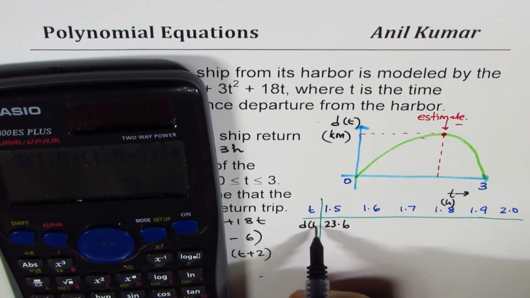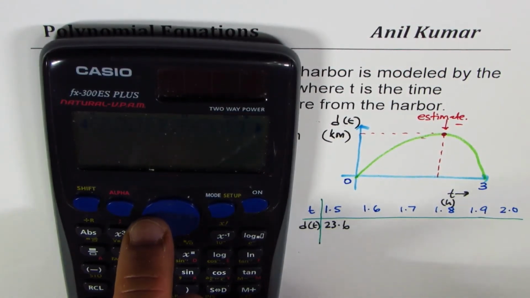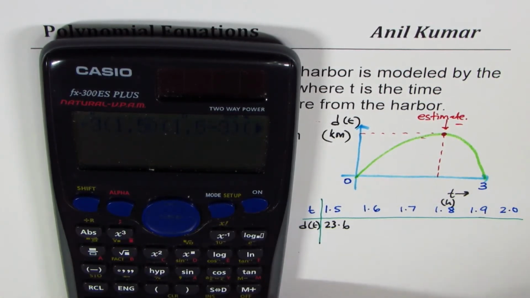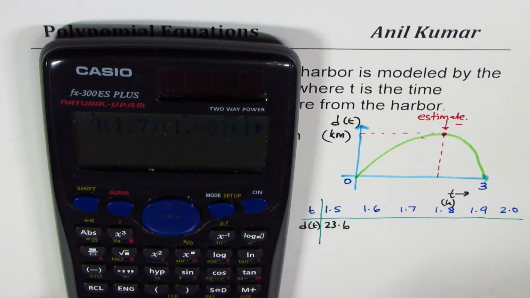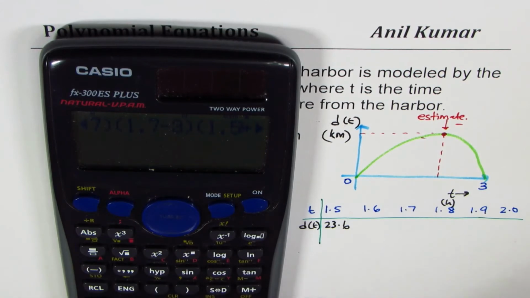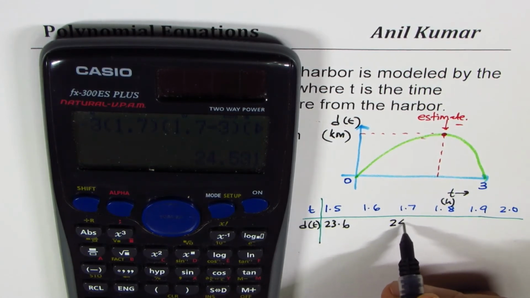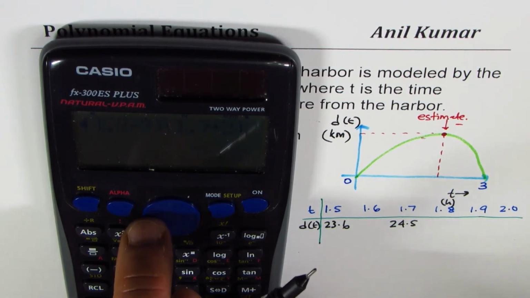So that is distance with time. I'm not doing all of them, I'll do just alternate ones or maybe a few. So let's skip one. So 1.7, for example, and let's calculate this value. It gives us 24.5.